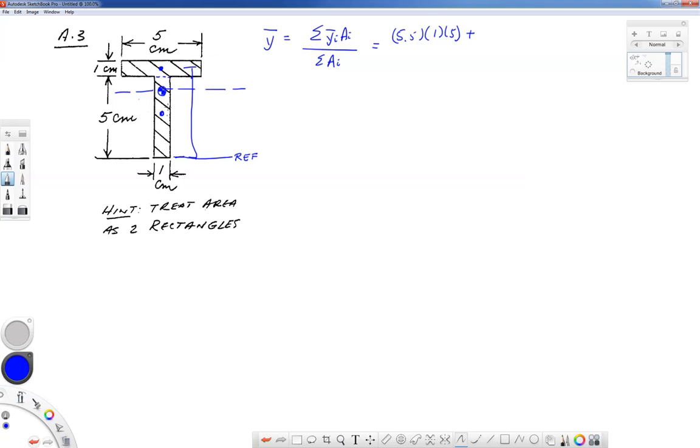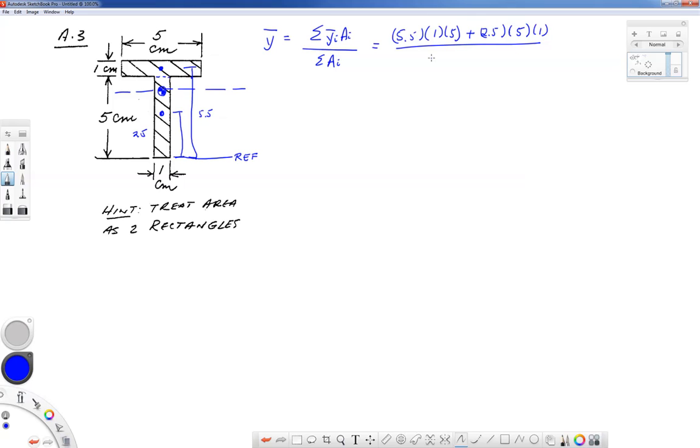For piece number 2, it's going to be this stem location from the reference line to its centroid. It's going to be 2.5. So we're going to have 2.5 times its area, it's 5 by 1.